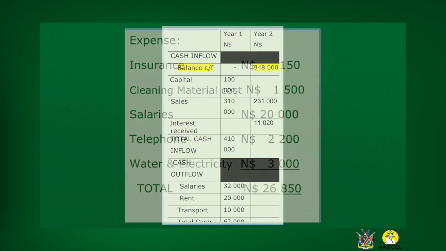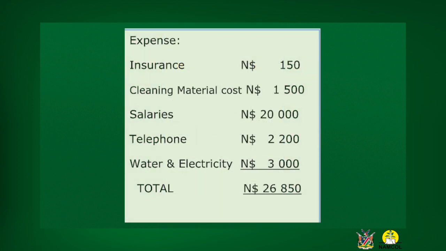Expenses included insurance payment of 150, cleaning material cost of 1,500, salaries amounting to 20,000, telephone expenses of 2,200, water and electricity was 3,000 Namibian dollars.